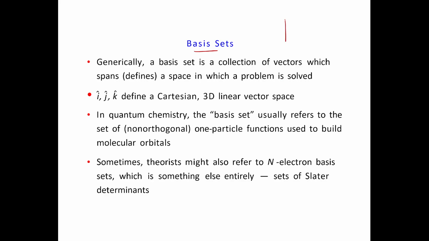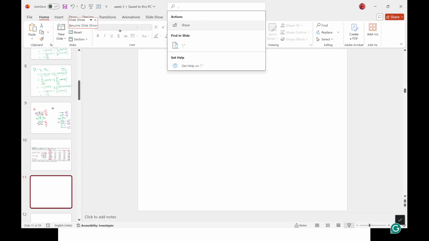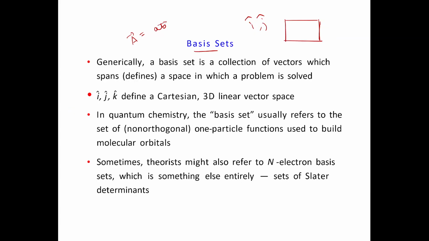For example, if you have a two-dimensional problem with only x and y coordinates, and you have unit vectors i and j, any vector A you can write as a i-cap plus b j-cap, where a and b can be anything. With these two coefficients, you can span the whole two-dimensional space. So here i and j act as your basis for the two-dimensional problem.